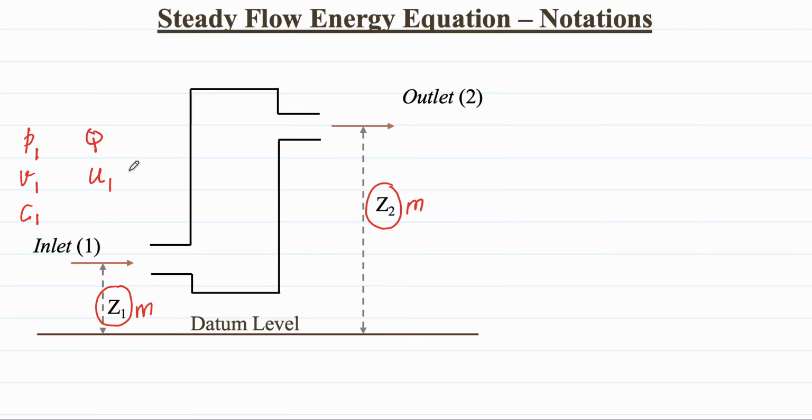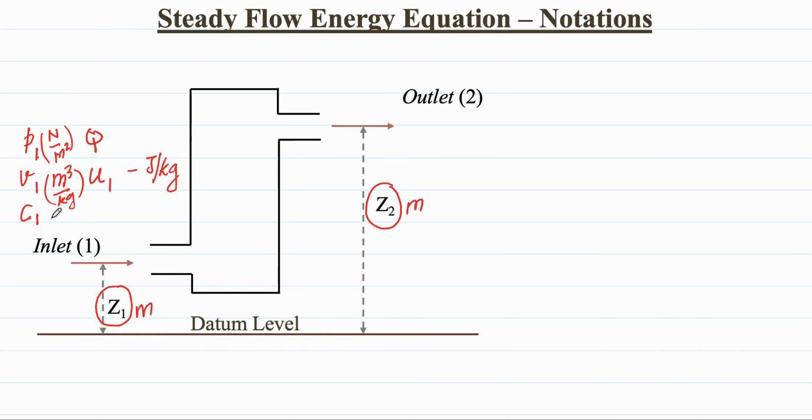And the internal energy has the unit of joule per kilogram, that is specific internal energy. And pressure, we are going to use the unit Newton per meter square. And volume is the specific volume of the working substance entering the system, so we are going to take the unit meter cube per kilogram.